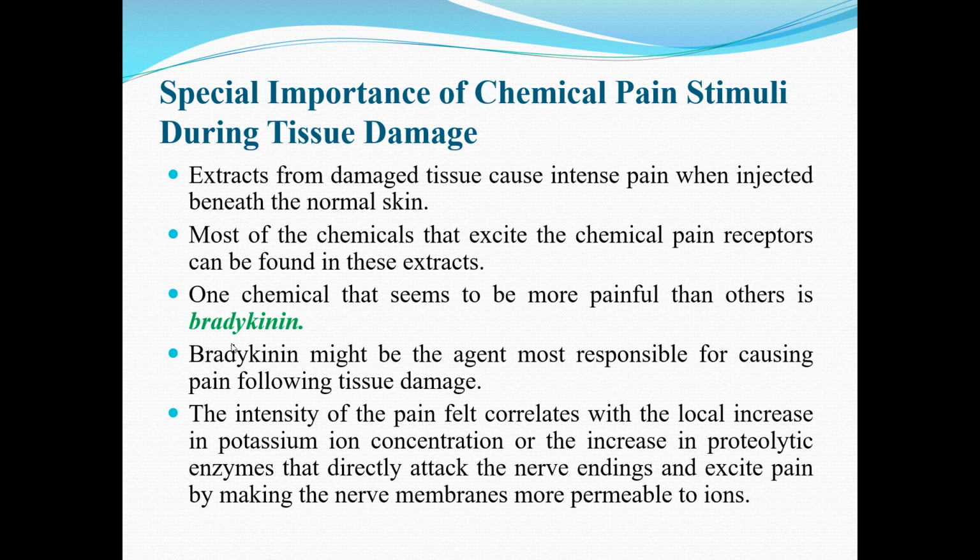Some of them are bradykinin, substance P, glutamate, etc. One chemical that seems to be more painful than the others is bradykinin. So bradykinin is the agent which is most of the time responsible for causing pain. The intensity of the pain correlates with the local increase in potassium ions or the increase in proteolytic enzymes that directly attack the nerve endings and excite pain by making the nerve membranes more permeable to ions.